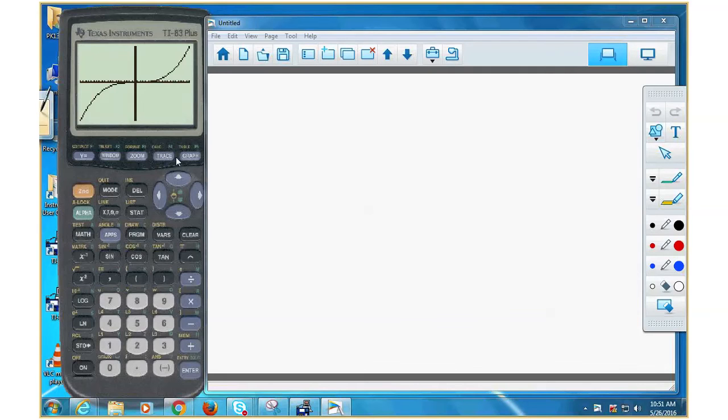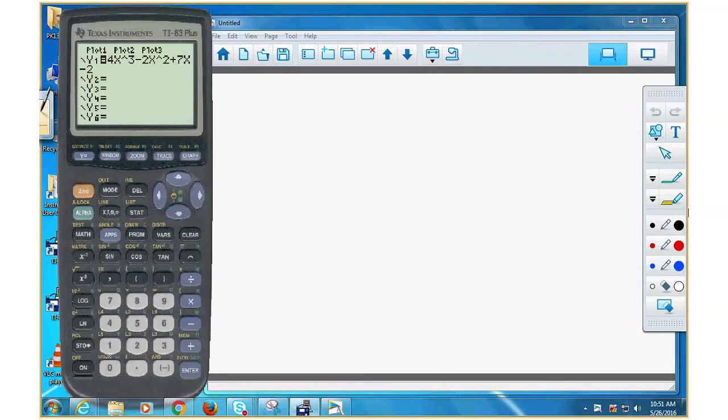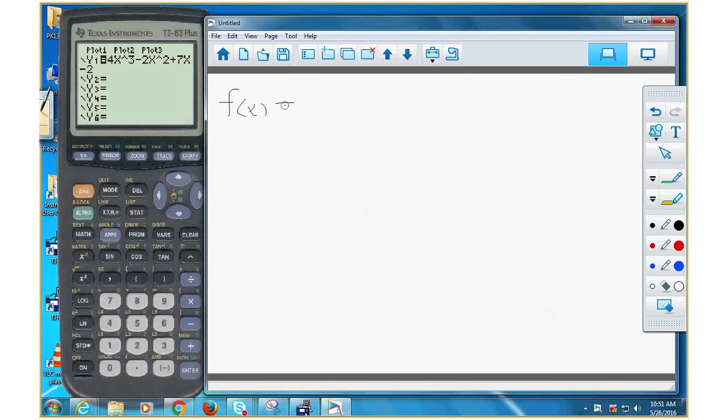What was my problem now? Let me go back. f of x is equal to 4x cubed minus 2x squared plus 7x minus 2.